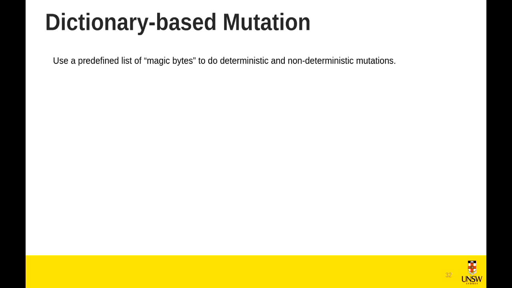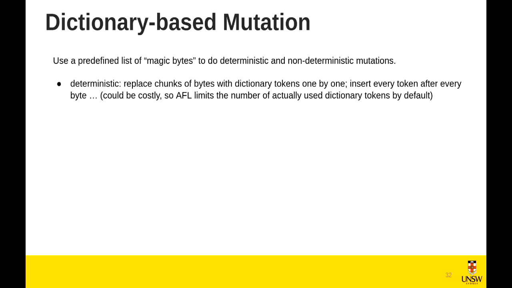And the last one here is dictionary-based mutation. We can use a predefined list of magic bytes to do both deterministic and non-deterministic operations. Deterministic means that because we have a list of tokens or magic bytes, we can replace every byte or every consecutive bytes in the test input with the token we have.